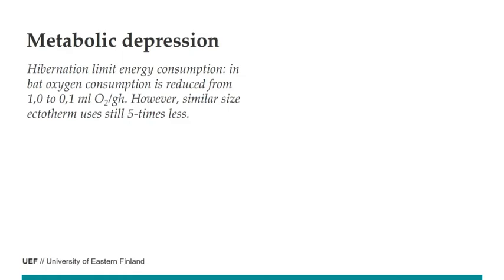But still, we mammals are not very good at energy saving. So even when we are hibernating, it's still 5 times more than a same-size ectotherm is using. We are using such a huge amount of energy that even when we reduce it by 90%, it's still quite a lot.